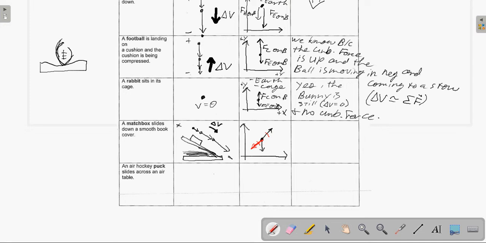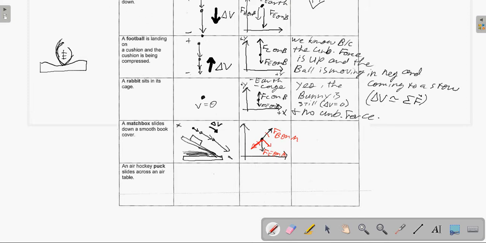So yeah, the reason this falls down the book at all is because there's this component of the force that the Earth is pulling on it with. So this is going to be the force Earth on matchbox, and this is force book on matchbox. And so this component of the Earth pulling down on it is what causes it to go down the book.